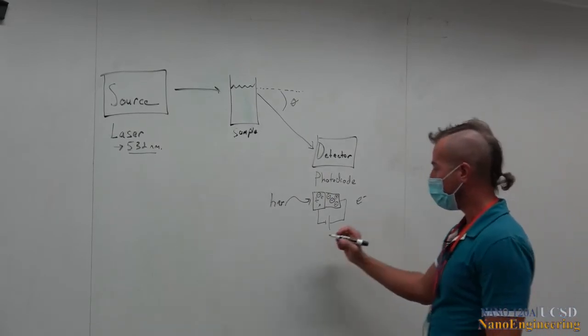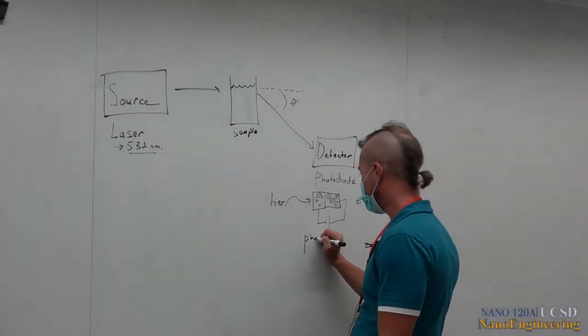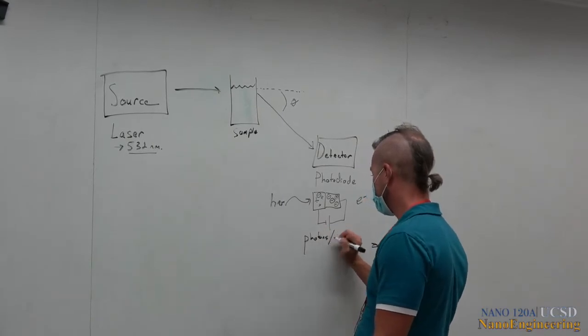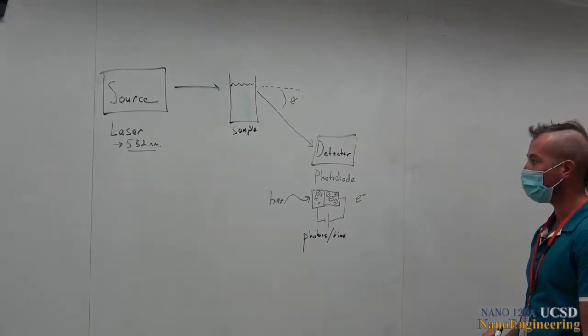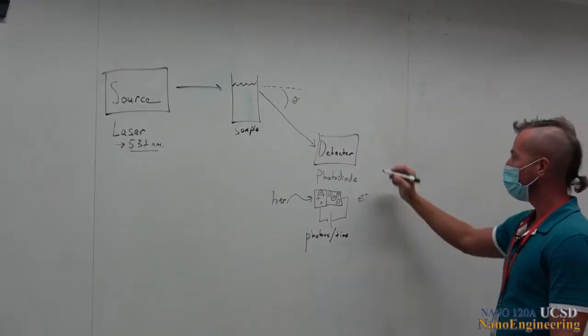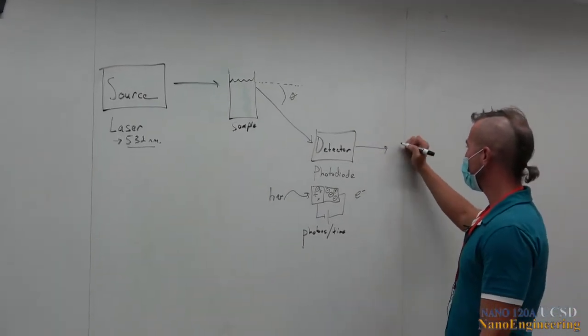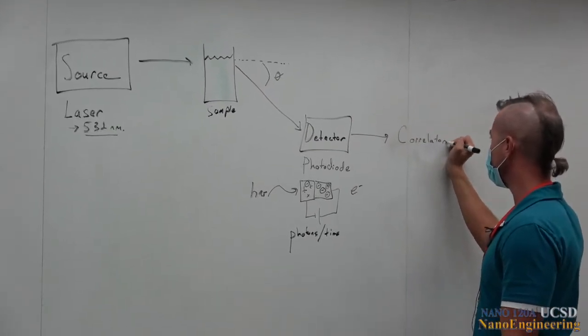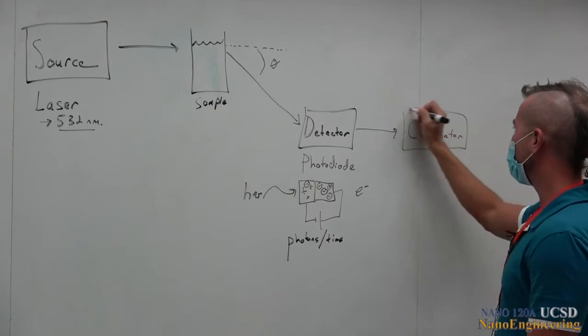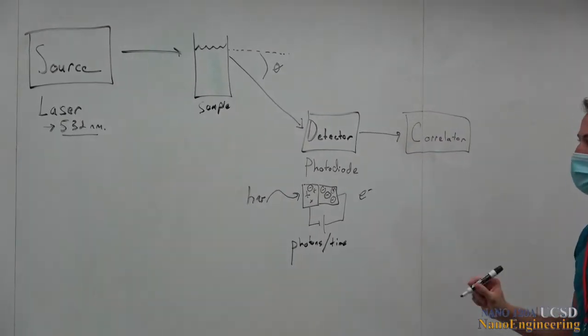So what this is going to give us then is photons per unit time. This then goes to, I'm just going to call it a correlator. It's some software that we'll talk about in detail in a minute.